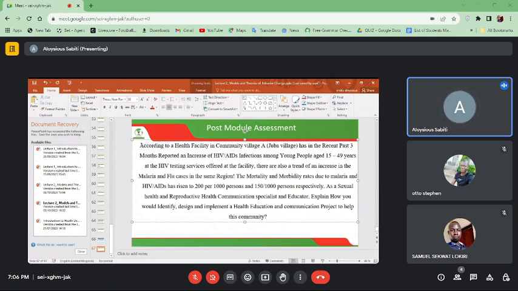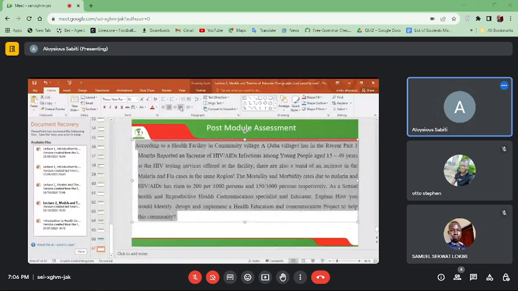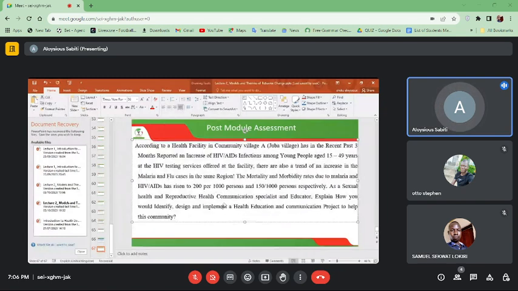It says that according to a health facility in community A, in village A, there has in the recent past 3 months been a reported increase of HIV/AIDS infections among young people aged 15 to 49 years.